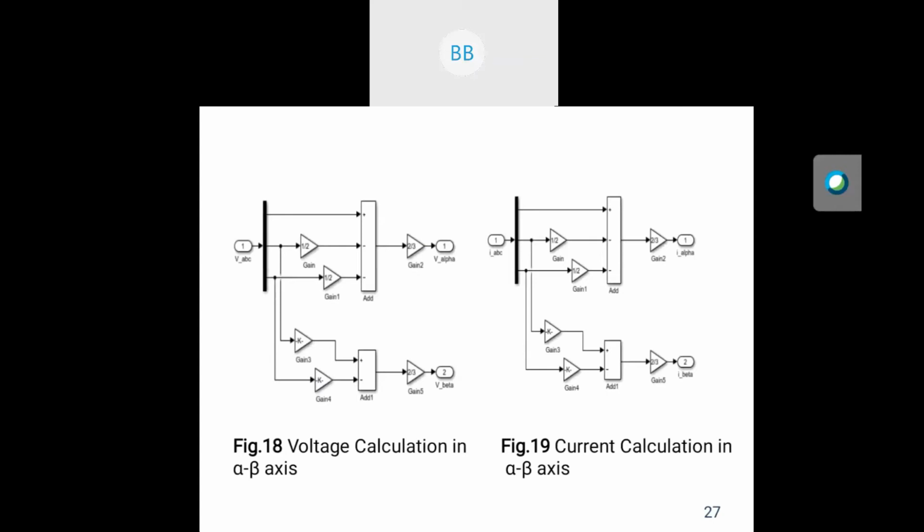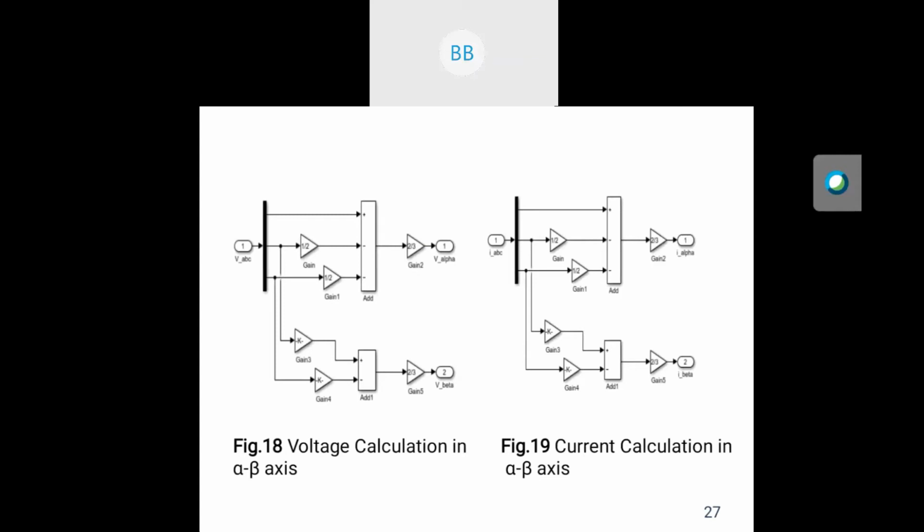The equation of V alpha is VA minus half VB minus half VC, and equation of V beta is root 3 by 2 into VB minus VC. Similarly, this current calculation in alpha beta axis is also done by using equations of I alpha and I beta, which are I alpha equal to IA minus half IB minus half IC, and I beta equal to root 3 by 2 into IB minus IC.